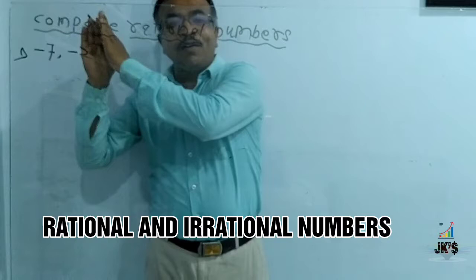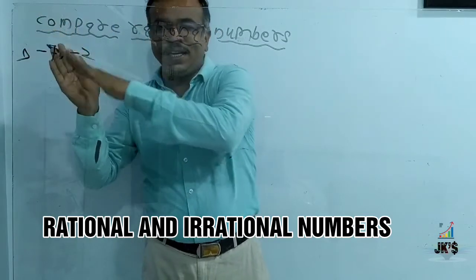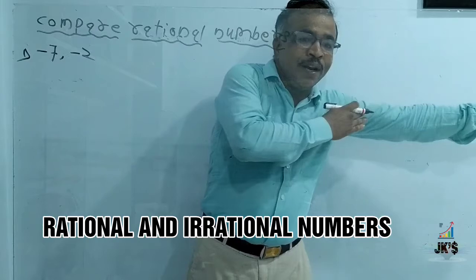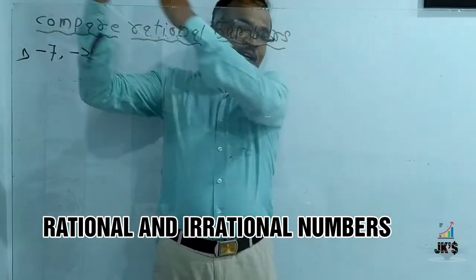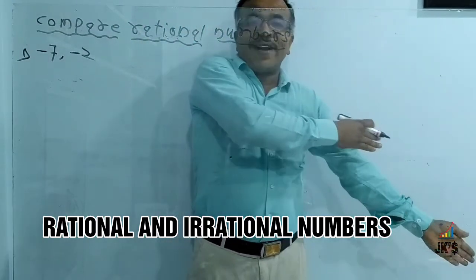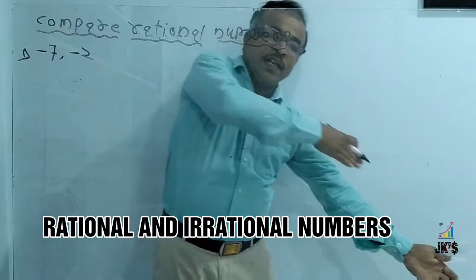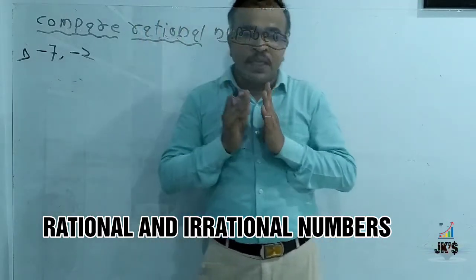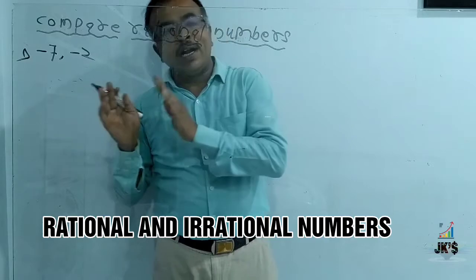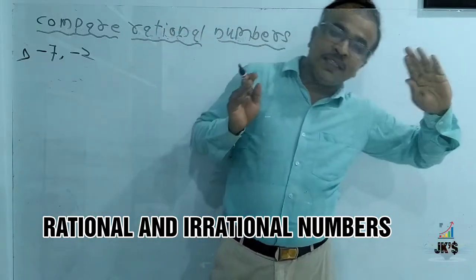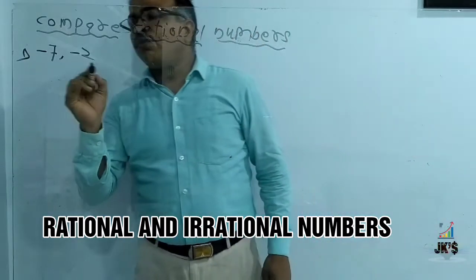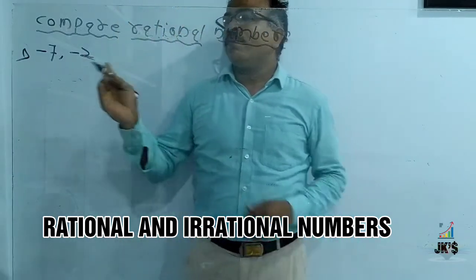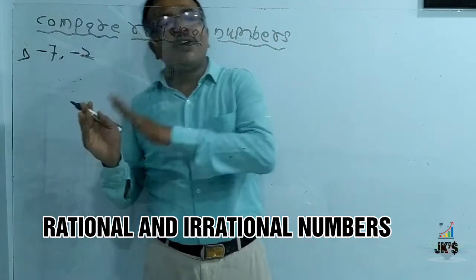Each number on the right side of a given number is greater and the number on the left side is smaller. So minus 7 is on the left of minus 2.